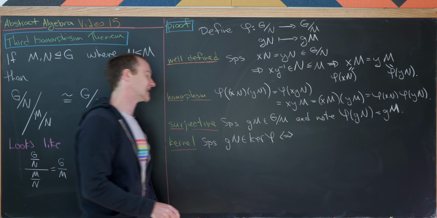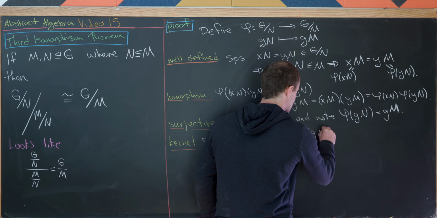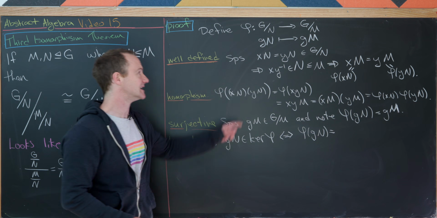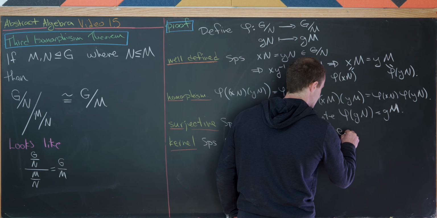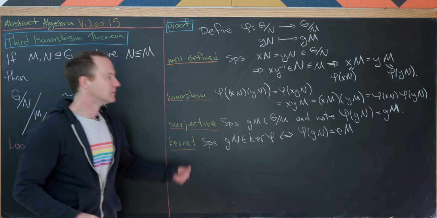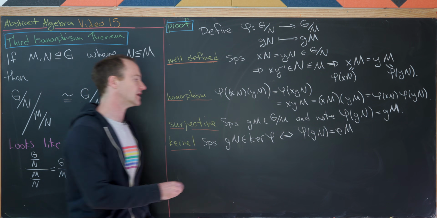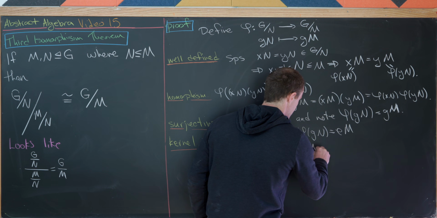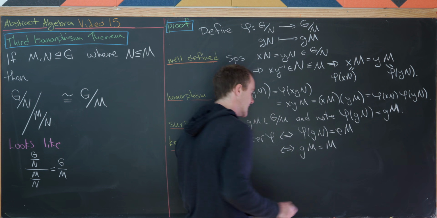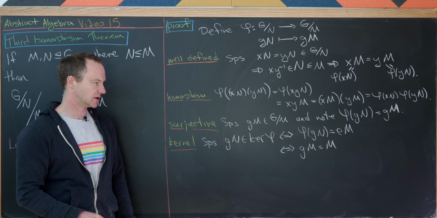But let's notice that's equivalent to saying that phi of Gn is equal to the identity element in G mod m, but that's the coset attached to the identity em. But next up, we can use the function rule for phi, and that'll give us this equation, Gm is equal to M. Just keeping in mind that the subgroup is equal to the identity coset.